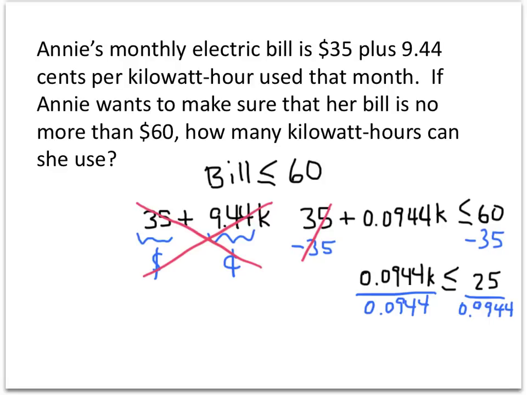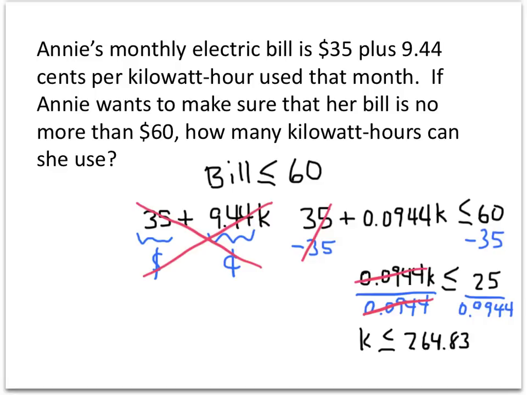On the left-hand side, the 0.0944s are going to divide out. So we just get k less than or equal to, and then we'll throw 25 divided by 0.0944 onto our calculators, and what we end up with is 264.83.